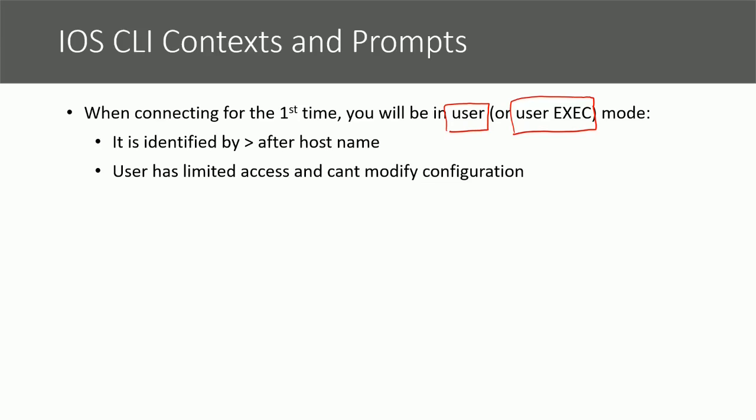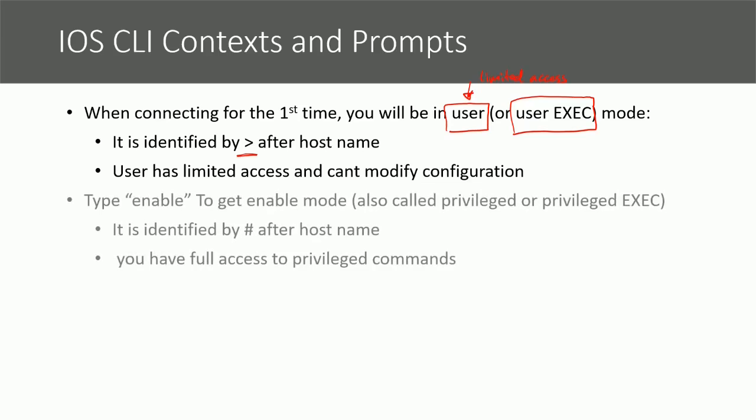User mode is identified by a greater-than sign after the hostname, and this mode gives you limited access to certain commands, but not full access to all commands. User mode is limited access, and this is the access you get when you connect to the switch for the first time. In user mode, if you want to get more privileged access, you can type the enable command, and this command will move you from user mode to enable mode.